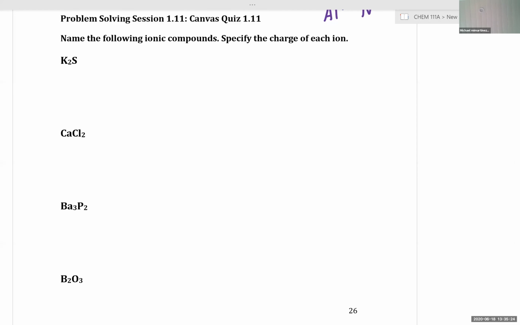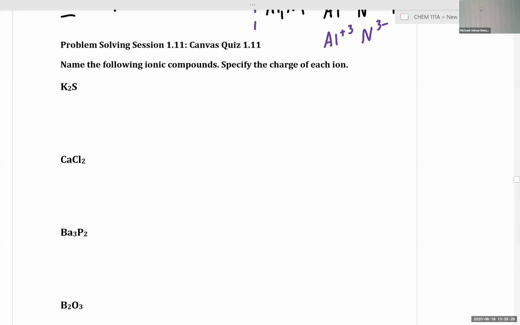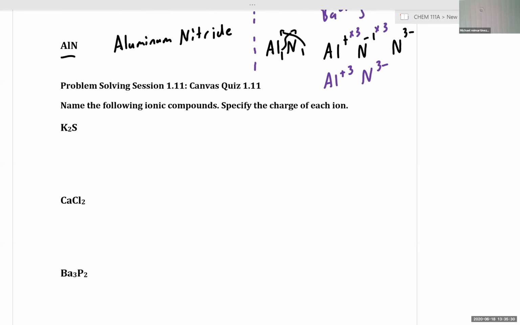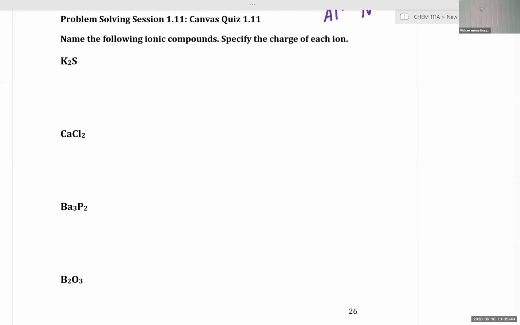The charge of an anion is negative, while the charge of a cation is positive. So the metal cation will be positive, and the non-metal anion will be negative. So let's spend about 4 to 5 minutes working on these 4, and you're more than welcome to message me with your proposed solutions.